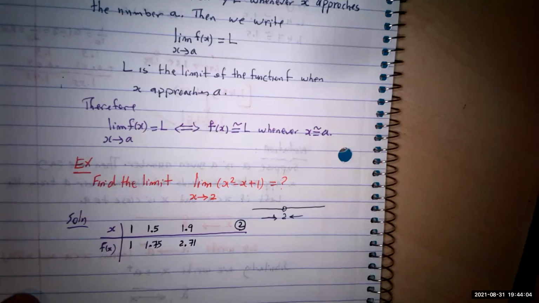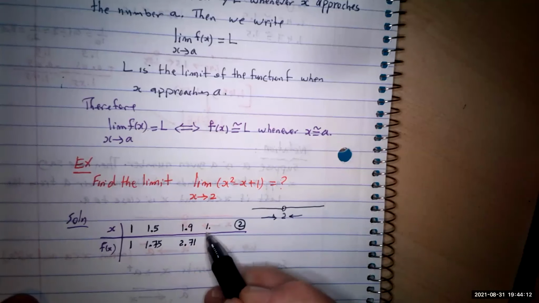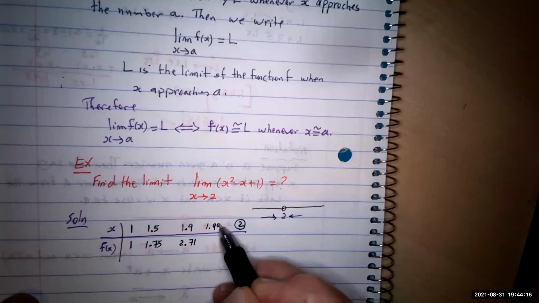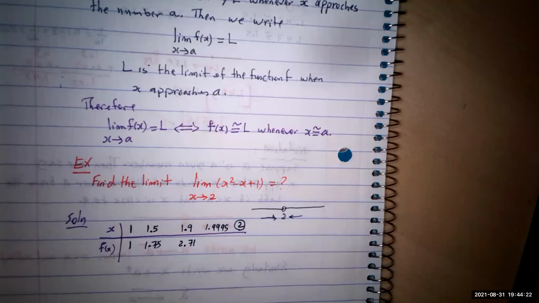Then to be even closer to 2, how about 1.95? If you run that, you get 2.